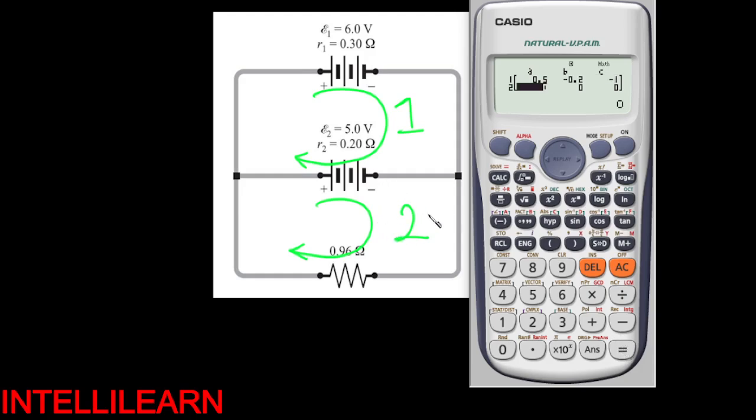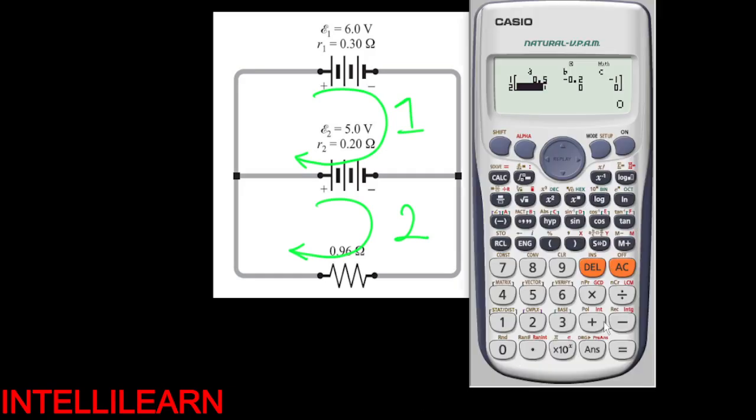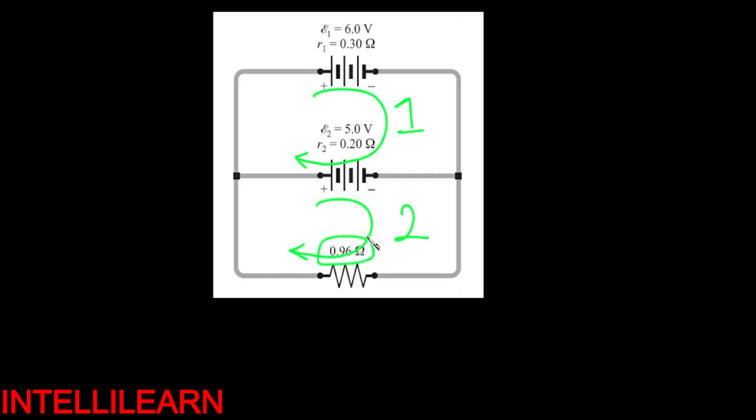Now go to the second loop. Between the second and first, I have what? I'm considering resistance, minus 0.2. Inside the second loop alone, I have what? 0.96 and what? And 0.2. I have to do everything that is connected to the second loop.